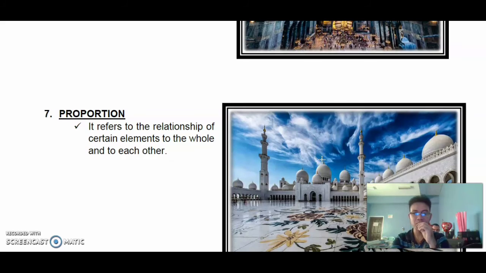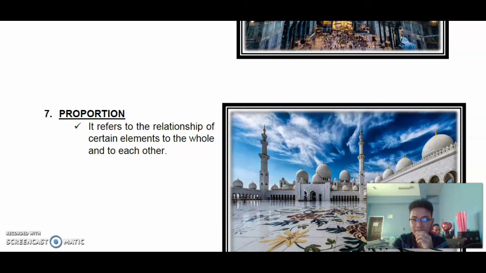Okay, proportion refers to the relationship of certain elements to the whole and to each other. So we can describe a certain element on one side in relation to the other aspects of an artwork. For example, we have here a tall building, this one. What is its relationship to the center part of this building?